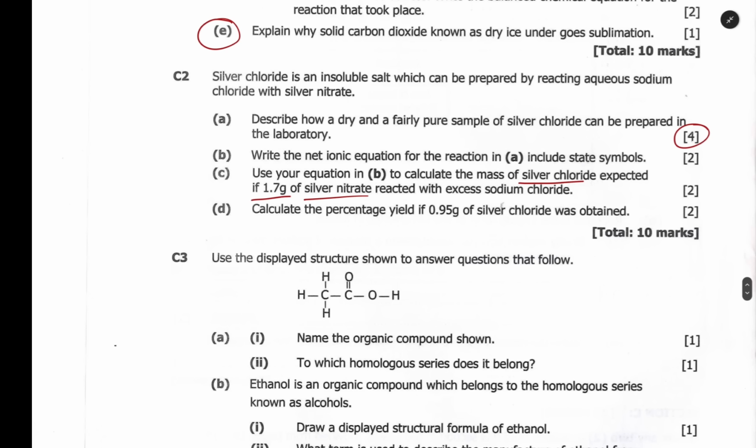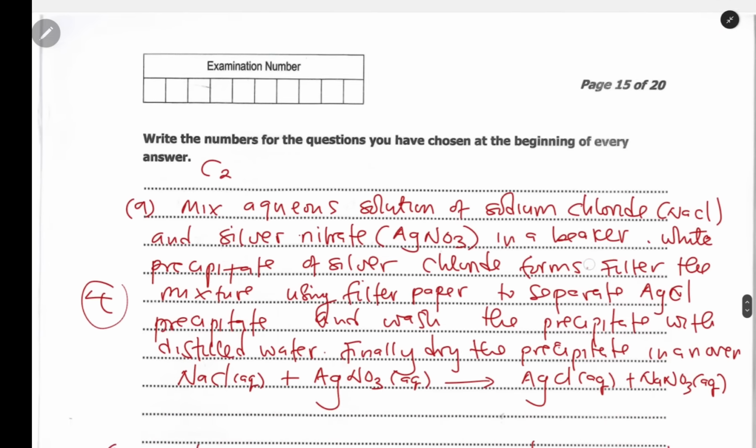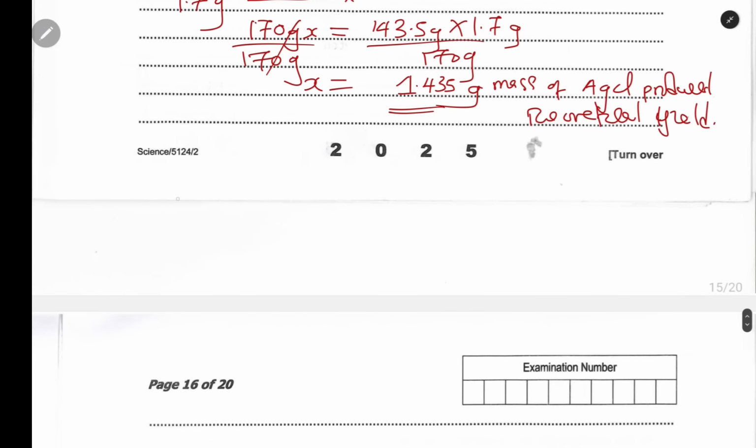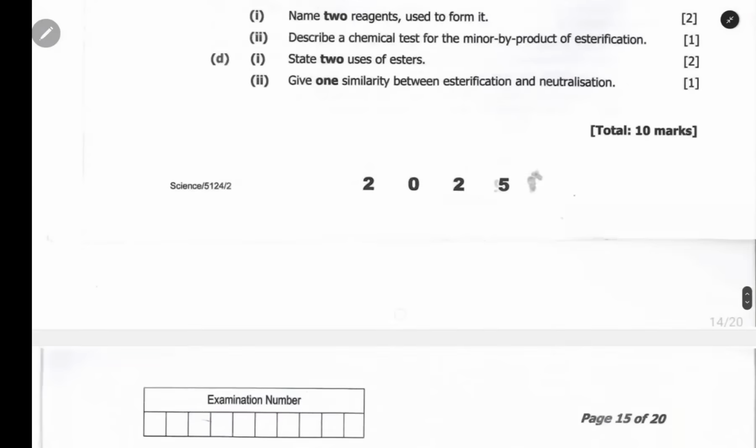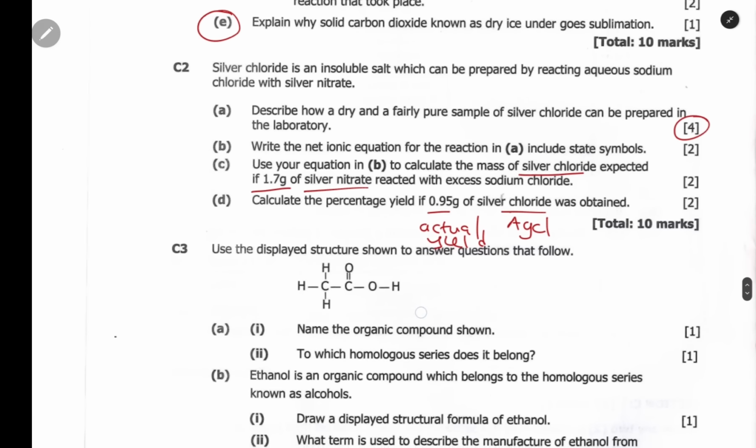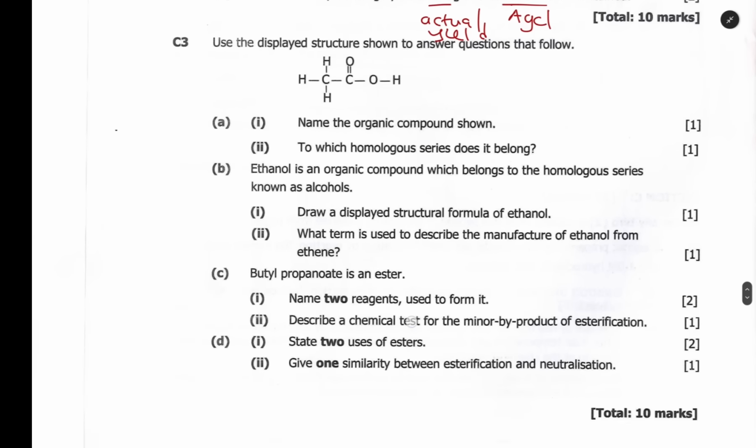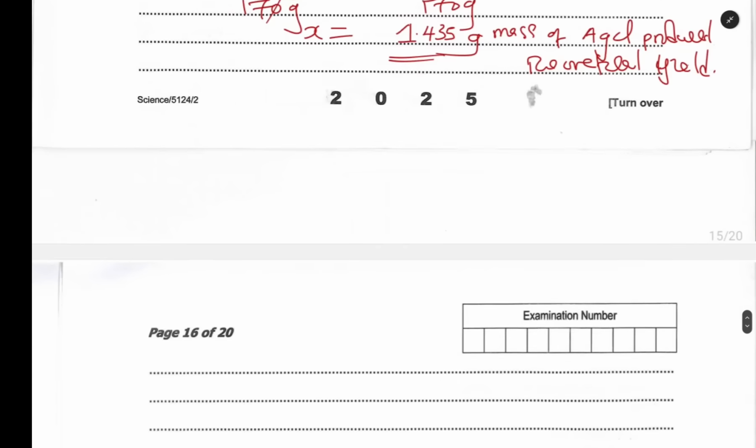Then calculate the percentage yield if 0.95 of silver chloride was obtained. So this is the amount obtained, which is the actual yield. To calculate the percentage yield, that is question D, the last question.